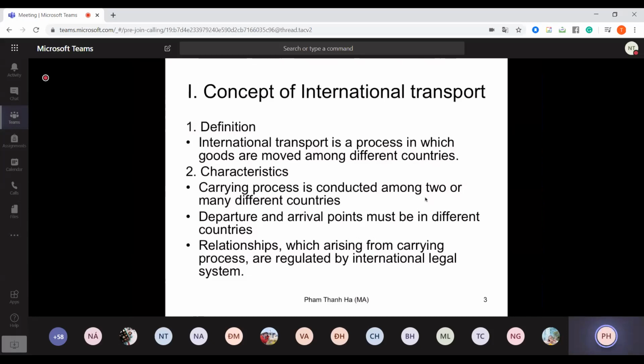My first question for you is, what relationships can arise during the transportation process? Of course, we have to focus on the main one. What are the main relationships that can arise from the transportation process? Any opinions from you?